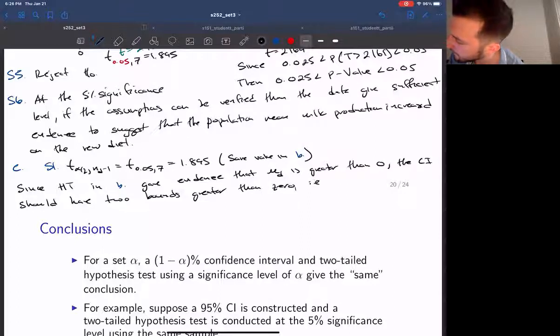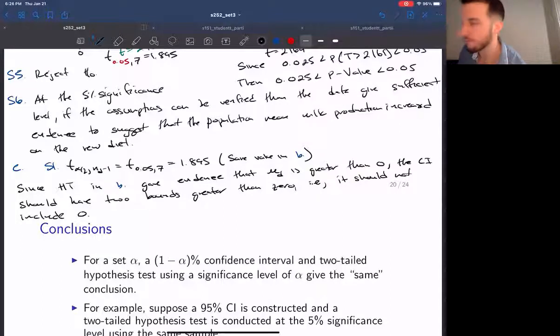That is, it should not include 0. Okay, so the interval and the test will agree.